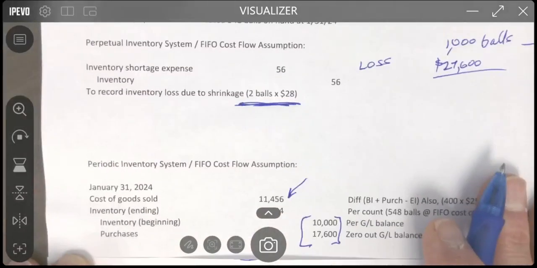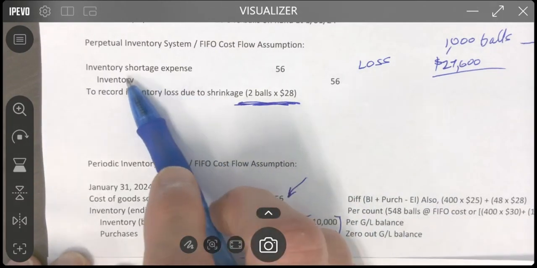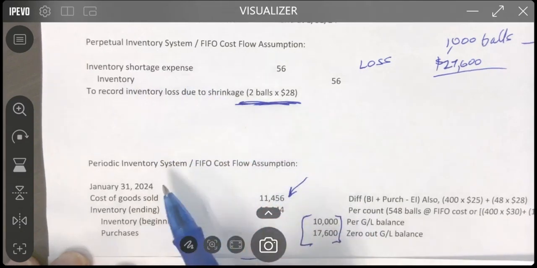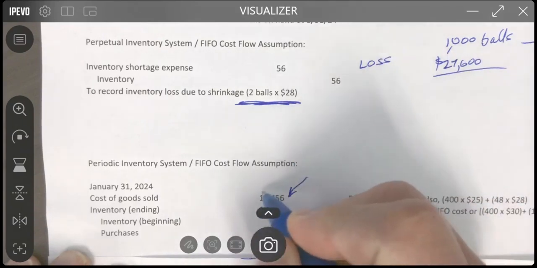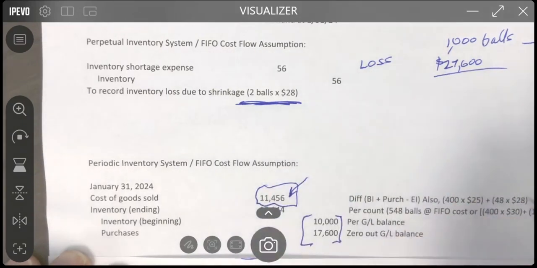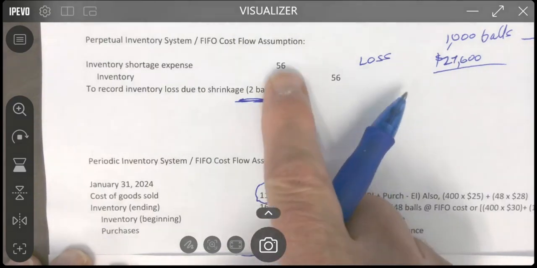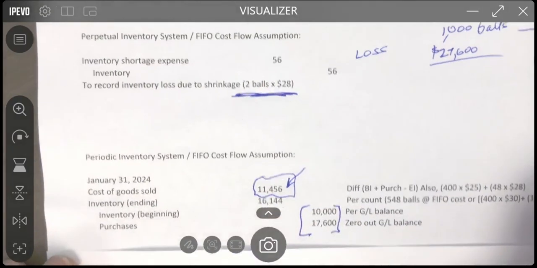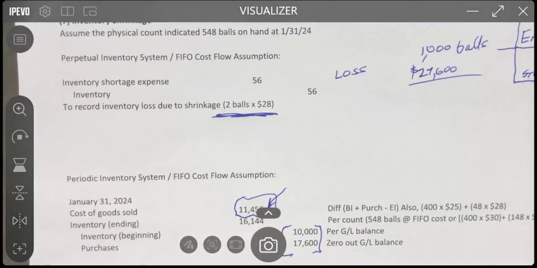So inventory shrinkage under the perpetual system, we knew the amount of the loss. Under the periodic system, it just defaults into cost of goods sold, and we'd have to do a lot more work to determine what was the amount of the inventory that was lost or stolen. And that's how we account for inventory shrinkage loss.